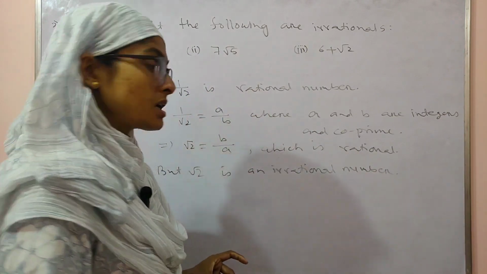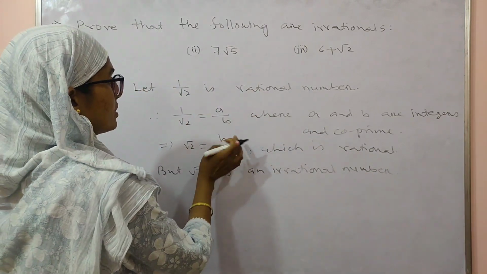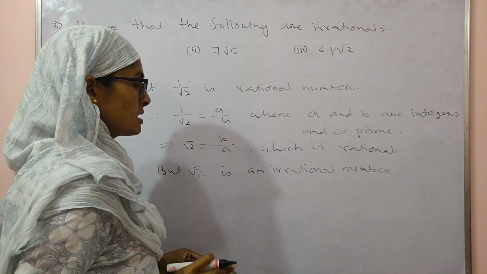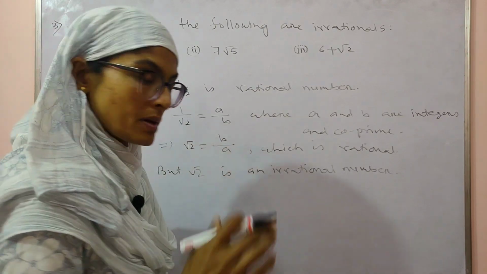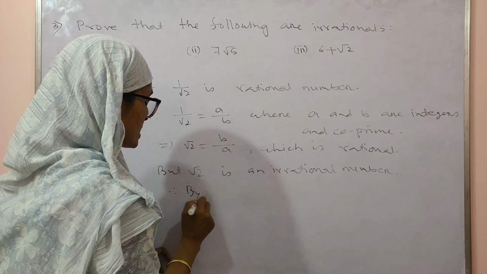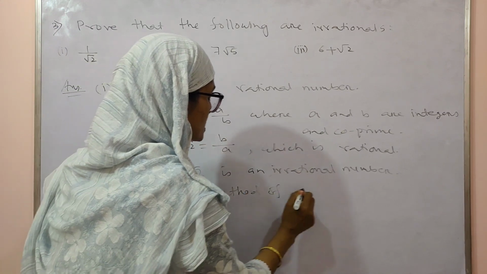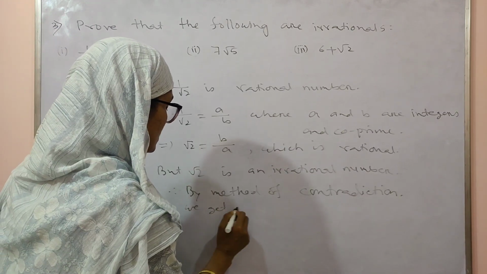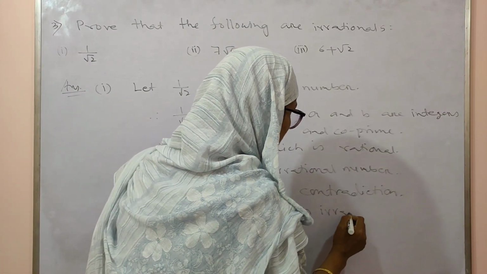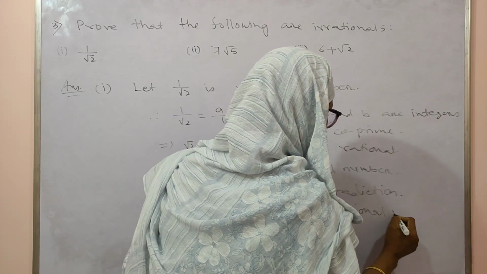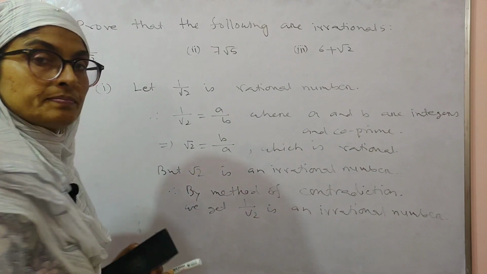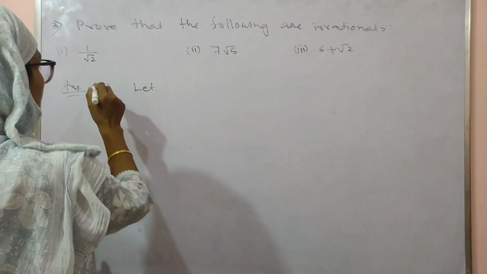But root 2 is an irrational number, but here you took it as rational. Therefore, by method of contradiction, we get 1 by root 2 is an irrational number.